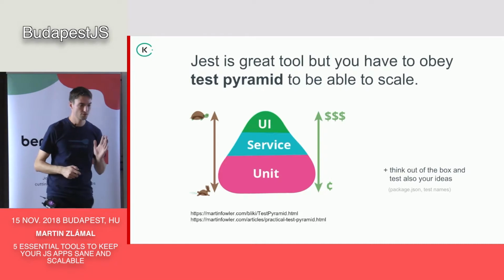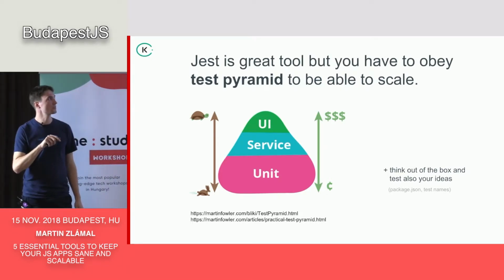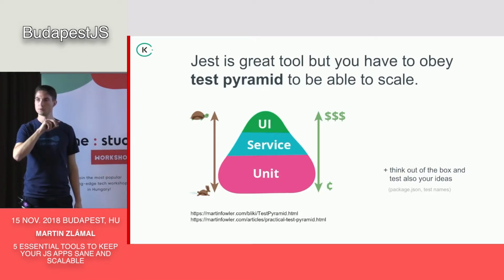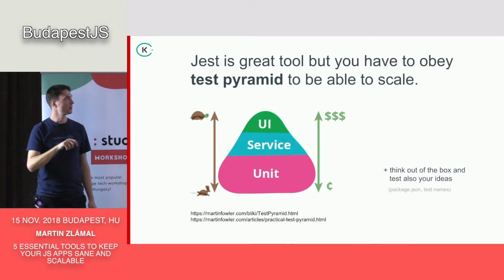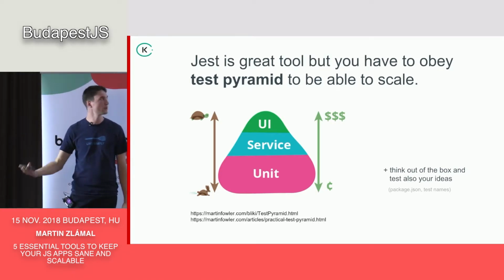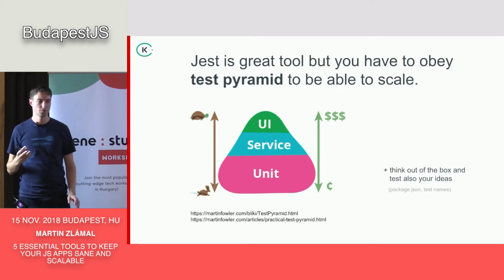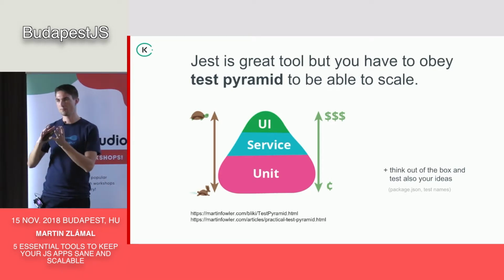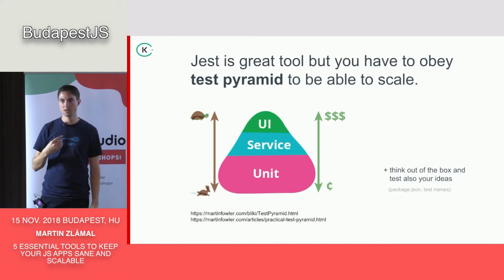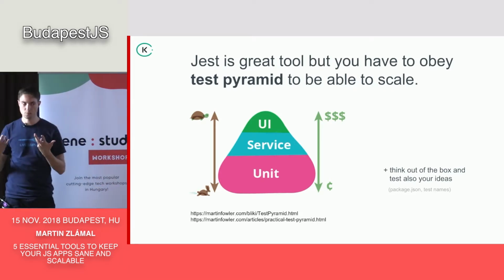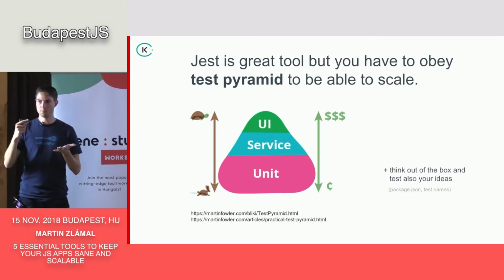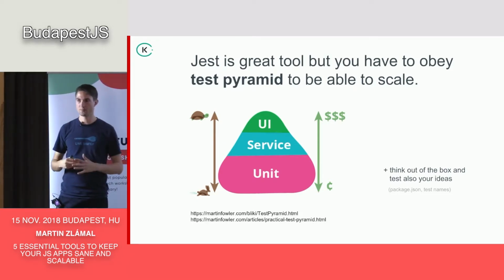So you should move some tests from here to the integration layer of your tests, where you can write them in Jest. They are very stable, very fast, and you should keep these UI tests only for the business critical path in your product. So in our case, it should be like the order process, for example. But I would not use it to test that the button that opens the modal is okay.